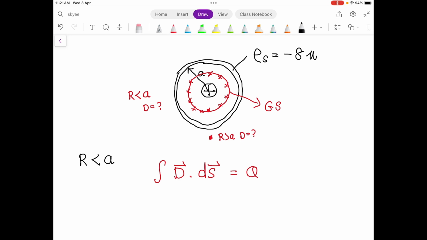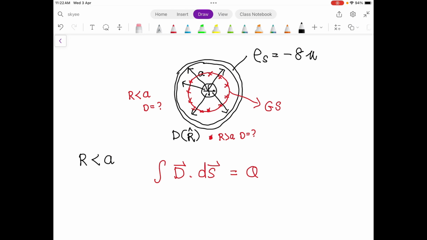Let's see the direction of our flux. You have a positive charge, so the flux lines move outward, so the direction of the flux is in the r direction.